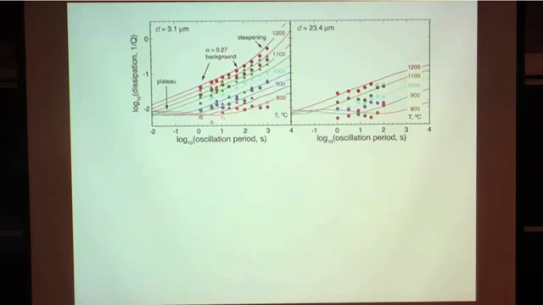So we fix the oscillation period, increase in temperature, the dissipation becomes higher and higher. If you look at this as a function of frequency or oscillation period, you can see that there is a straight line here. So this is a constant dependence of the dissipation as a function of frequencies, such that at 1 second here, we have the lowest loss at a given temperature, and it increases systematically with increasing oscillation period.